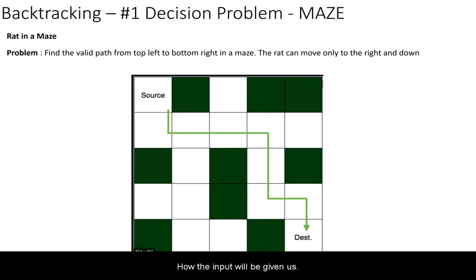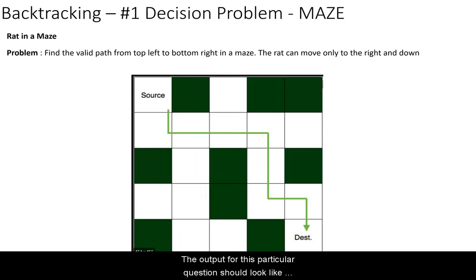How the input will be given is, all the walls will be given as 1, all the tiles which you can move on will be given as 0. So it will be a 2-dimensional matrix that will be given: 0, 1, 0, 1, 1, 0, 0, 0, 0, 0, 1, 0, 1, 0, 1, 0, 0, 1, 0, 0, 1, 0, 0, 1, 0. This is the matrix that will be given to you.